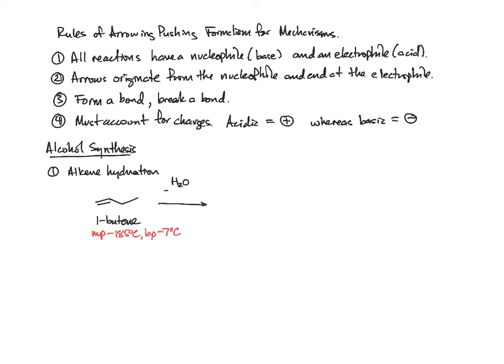with water and a catalytic amount of acid, and so the square brackets around the sulfuric acid mean it's catalytic, what we're going to find is that we then make the following product. So the name of this is 2-butanol.